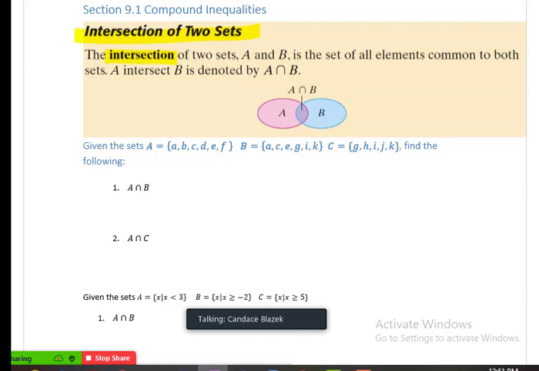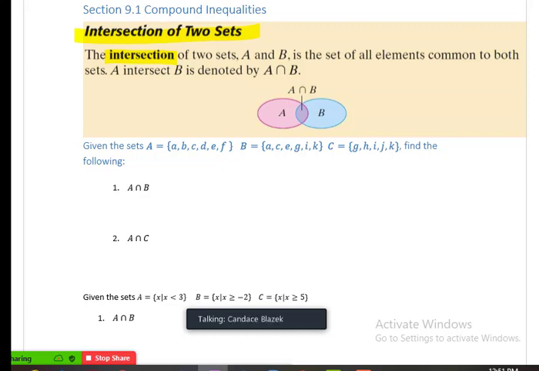It's a grouping of different information, different objects, numbers, letters. So you could have two different sets, A and B. And an intersection is the set of elements, an element is an object in the set, common to both sets.